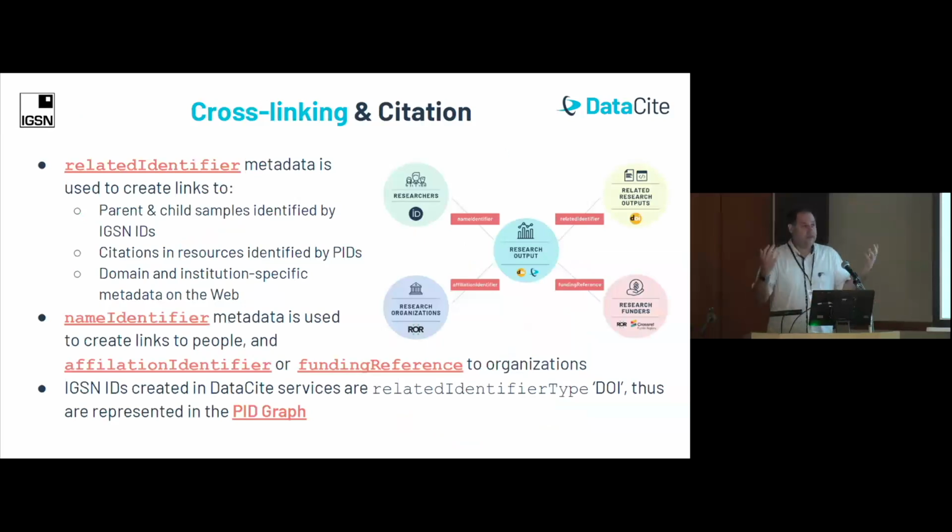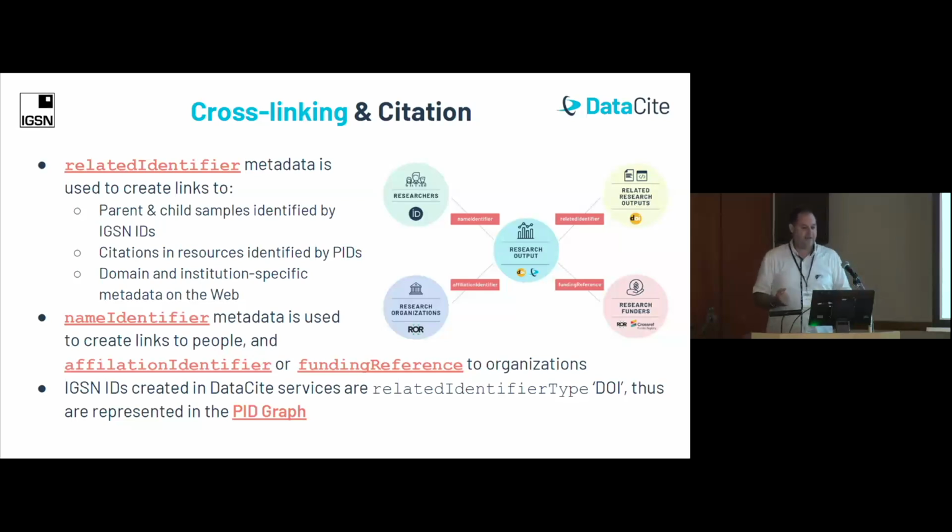And one of the things that was a big part of the questions asked in the session description was about how we link things. And of course, DataCite DOI metadata really allows that cross-linking and citation piece.